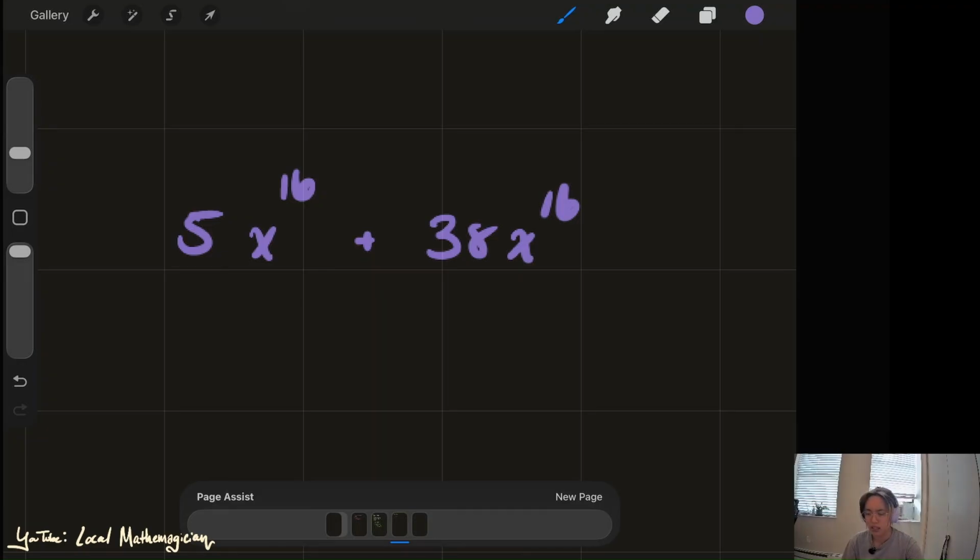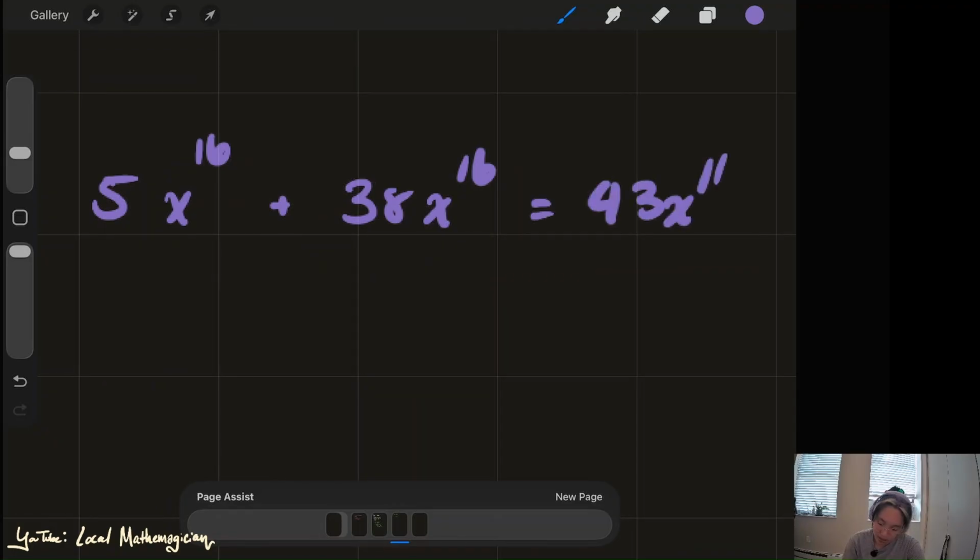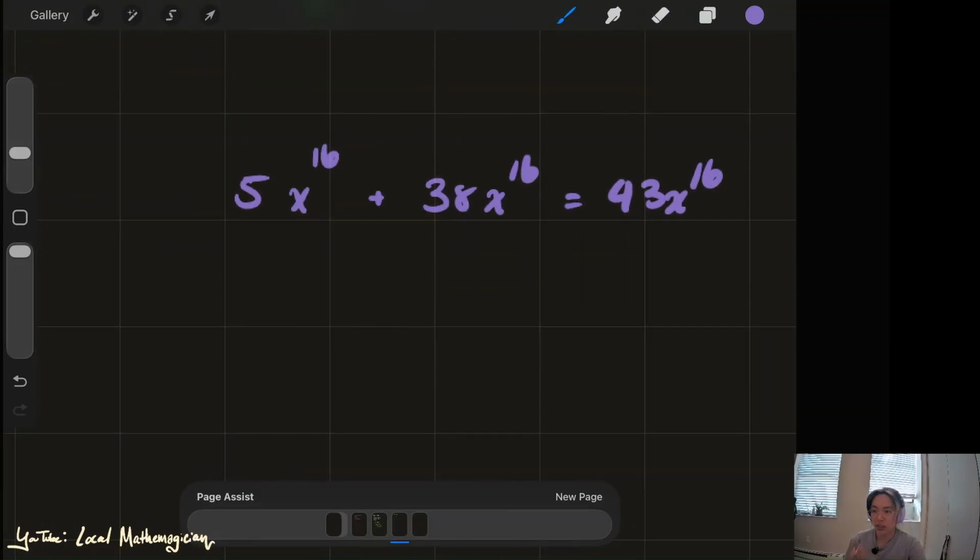Can we add these? Sure we can. We know that this is saying we have 5 groups of these and 38 groups of these. You add these all together and you get 43x to the 16th. It's reasonable. 3 apples plus 4 apples is 7 apples.